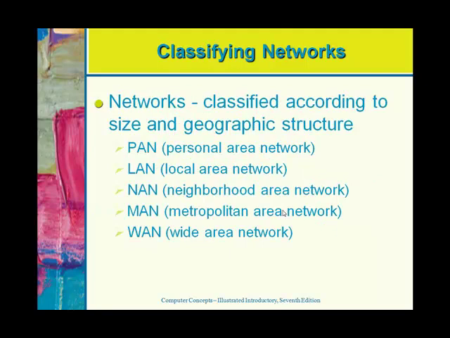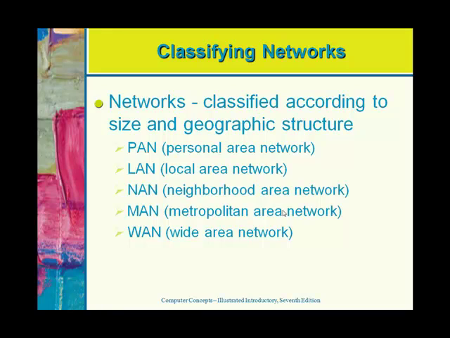We classify our networks according to their size and geographic structure. The smallest network that you might have is what we call a personal area network. Next comes a LAN, or a local area network. If you go into a computer lab here on campus, what you are looking at in that situation is a LAN. A neighborhood area network would be the network here on the college campus.